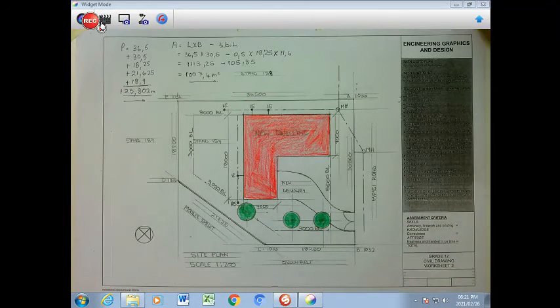And that basically concludes this section on the site plan.